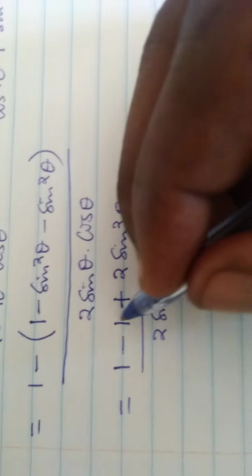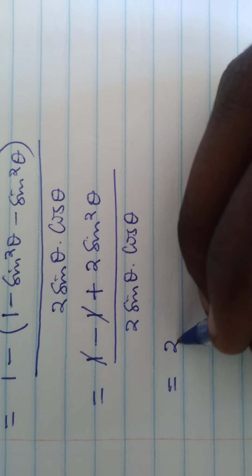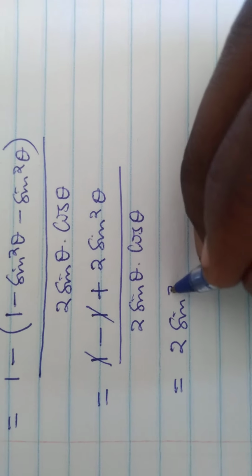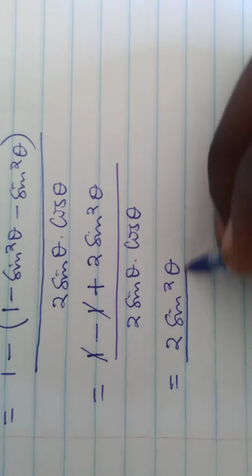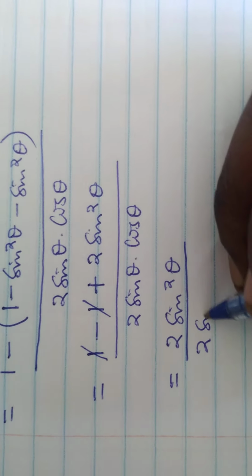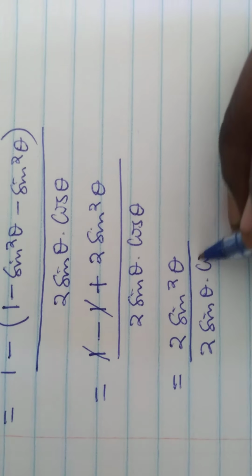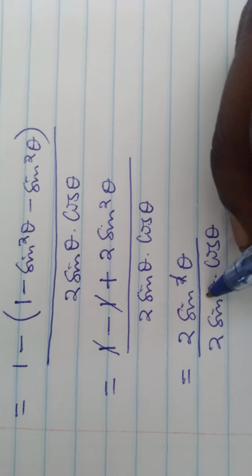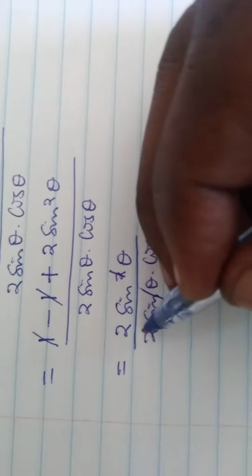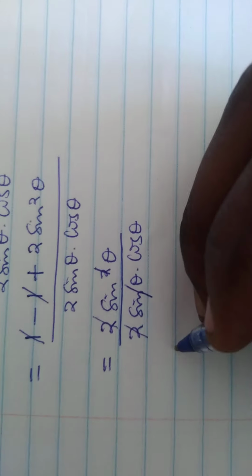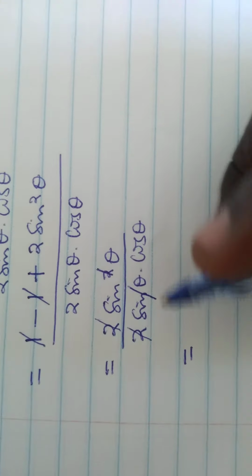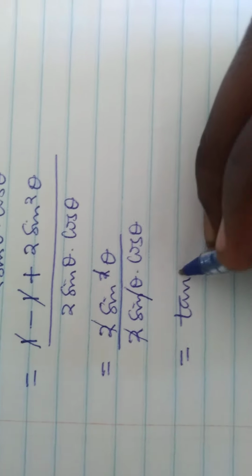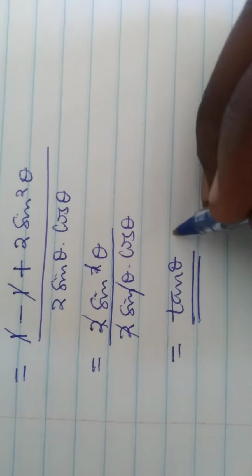So this one and this will go, so we shall remain with 2 sine squared theta over 2 sine theta cos of theta. So 1 sine would go with this, and the 2 will go with the 2, so we shall remain with sine theta over cos theta, which will give us tan of theta.